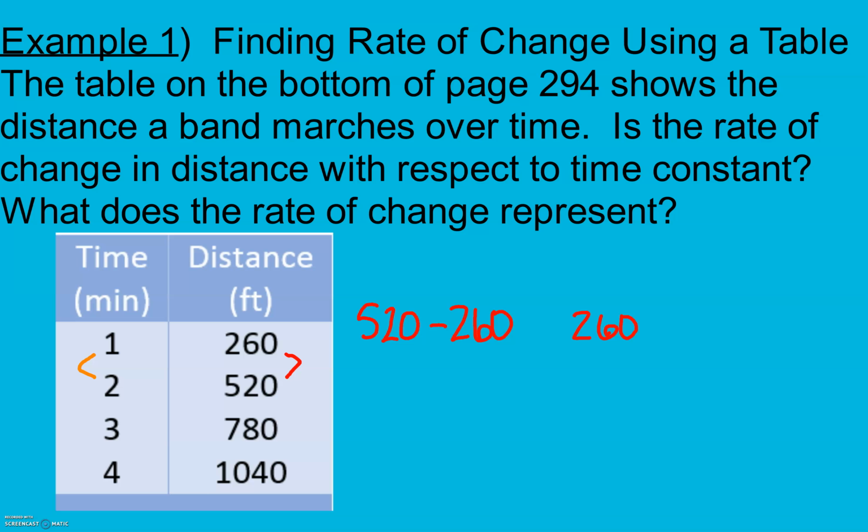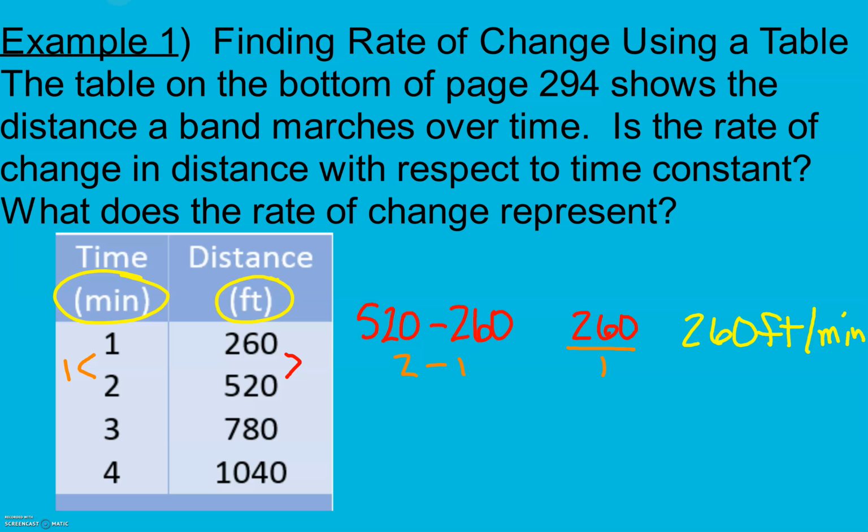We want the distance with respect to time, which means distance compared to time. My time change there is 1. And so I compare them, 260 over 1, which gives me 260. And that's distance per minute, so feet per minute.